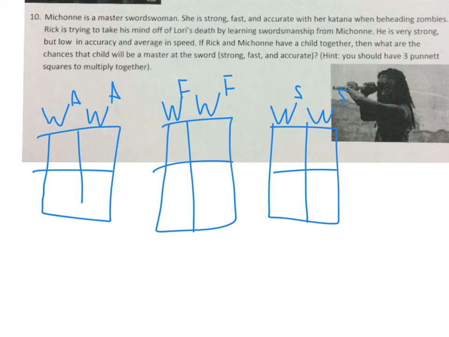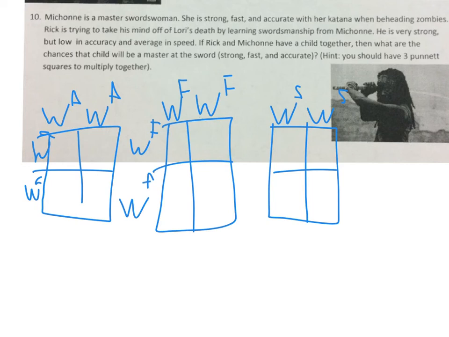Rick's weapon ability, he is low in accuracy, so lowercase a. He is average in speed, so capital F, lowercase f.